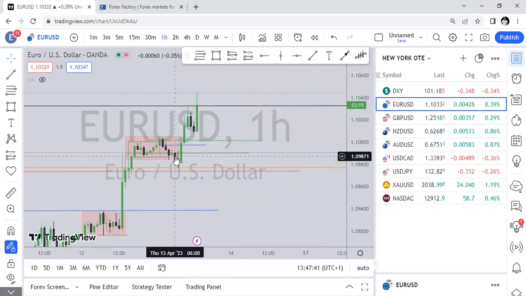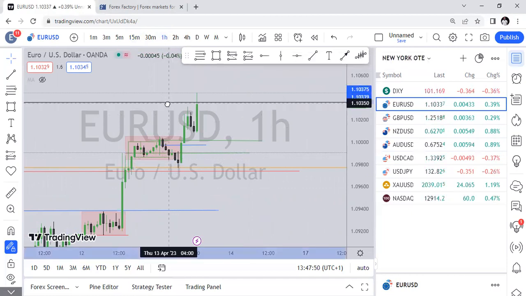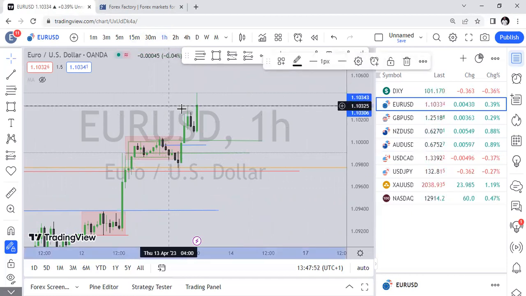But I remembered that there was going to be news, and this high was still here. There is no way I can be selling when there is liquidity on the upside.